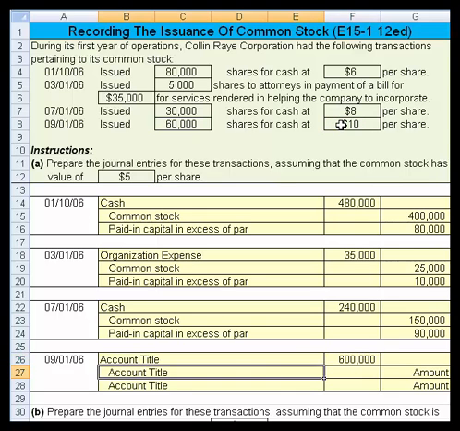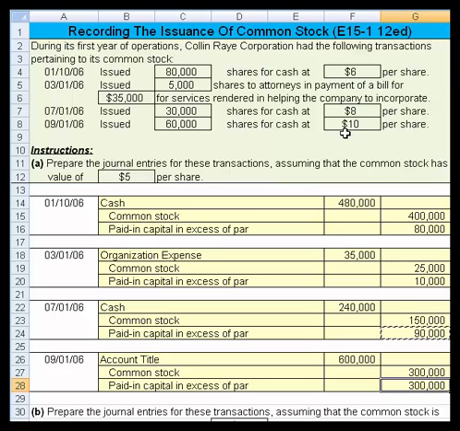So we get 600,000. And in this case, common stock gets recorded at 60,000 shares times the $5 value per share for 300,000, and the difference again is 300,000. And that one you could take the $5 difference between the $10 we get in proceeds, less the $5 par value or simply value of the shares, and record that as paid-in capital in excess of par.